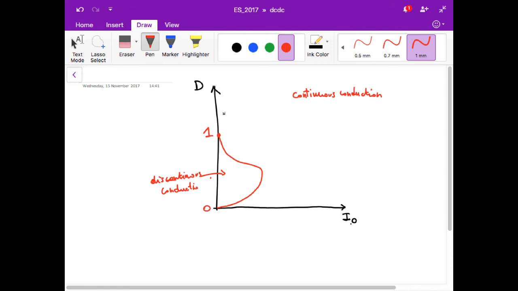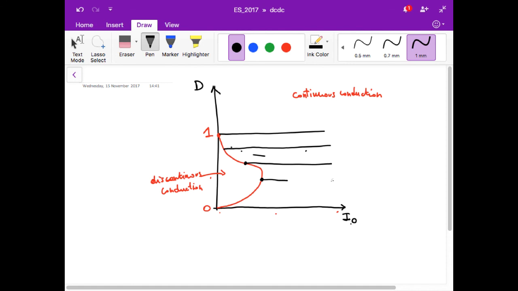This is something that we have already plotted. I just have exchanged the axes. In continuous conduction, D is independent of I/O. At constant V in and VO, D is a constant independent of I/O.